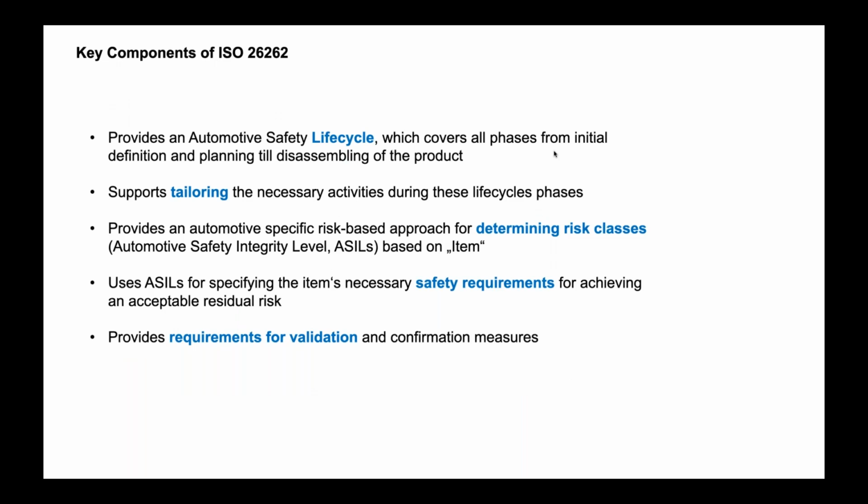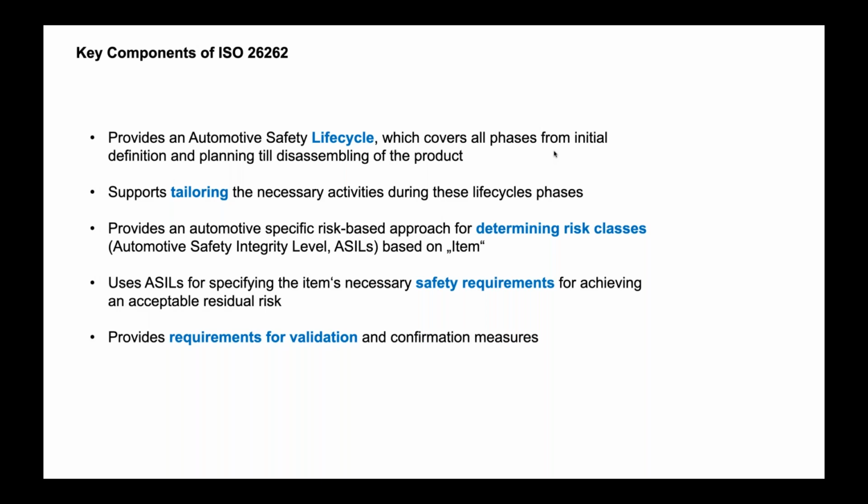There are some key components which are needed to implement ISO 26262. The system which helps us to implement this standard shall provide an automotive safety lifecycle, which covers all phases from initial definition and planning until disassembling of the product.